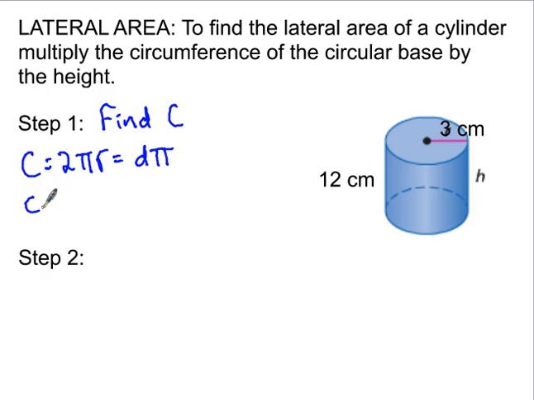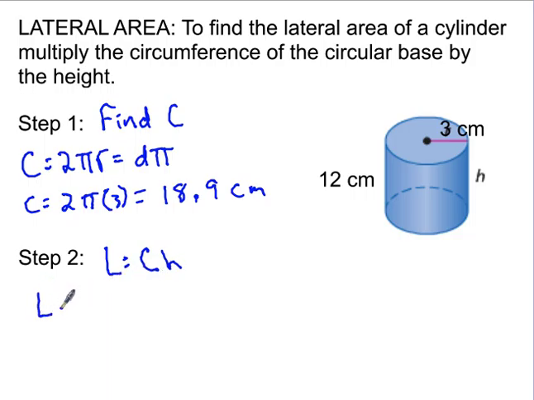We'll do C equals 2 pi times 3 in this case, which is 18.85? 18.9. We'll round it. Centimeters. Step 2 is just find the lateral area, and L is going to be circumference times the height.